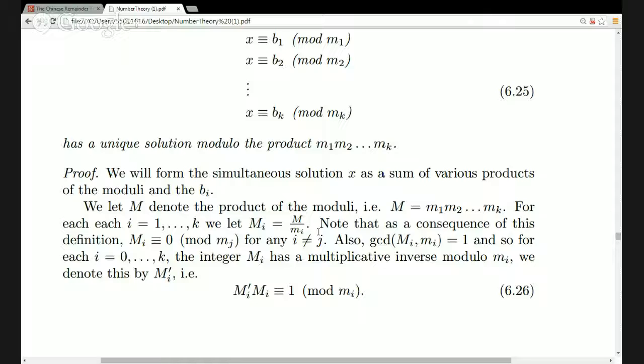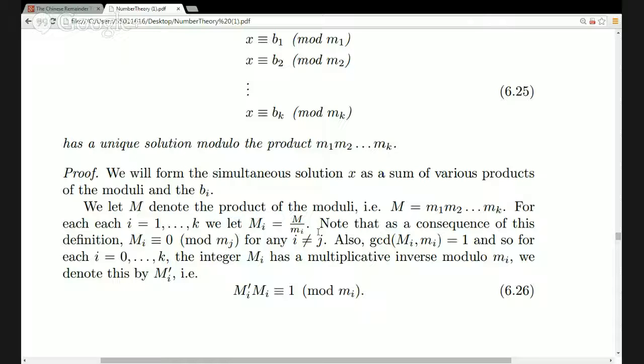That's just noticing or pointing out things like this: capital M1 is congruent to 0 modulo 5 and congruent to 0 modulo 7, because it's got a factor of 5 and a 7 in it.